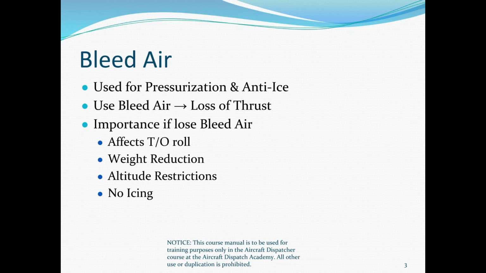Think about when we have to use anti-ice. If we have to use anti-ice on takeoff, it's going to be a loss of thrust. If there's an MEL where we have a valve inoperative that requires us to use bleed air on takeoff, we're going to have the loss of thrust. Anytime that we have to go out of our standard configuration, we're going to take a penalty.